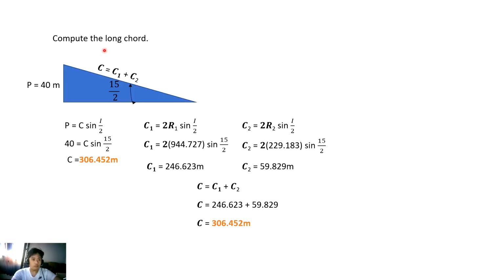Then, para naman makompute yung long chord, gagamitin natin tong triangle na to. So, ito yung I over 2. Itong part na to. Then, lalagay natin para makuha yung P. So, C sin I over 2. So, ang C ay nawawala, which is yung sa long chord natin.